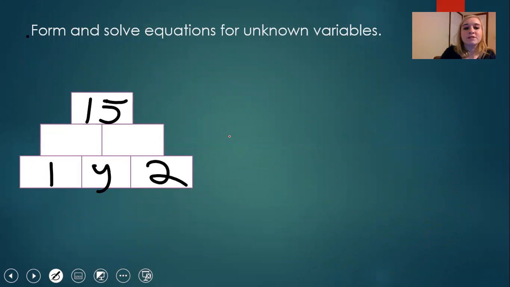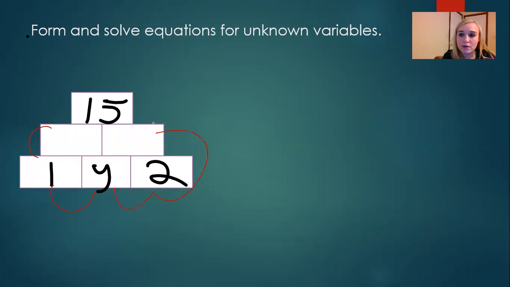Okay, next up, we have another one. So I know that 1 and y have to equal this. Y and 2 have to equal this. And so again, I'm going to make another equation.